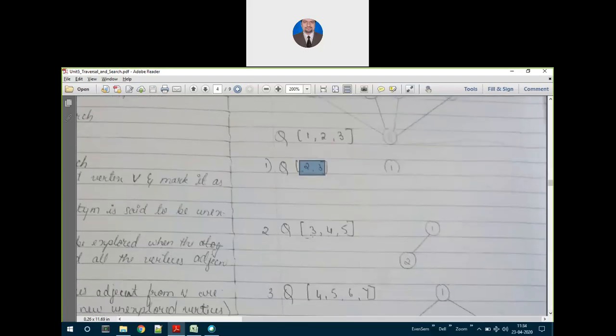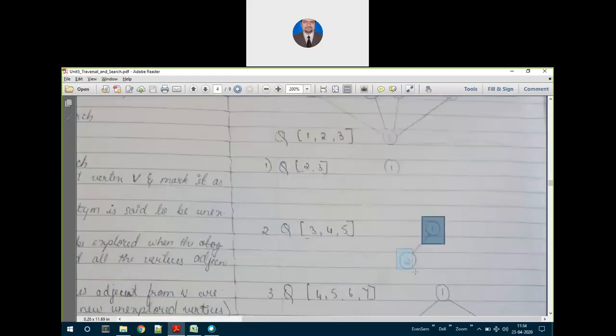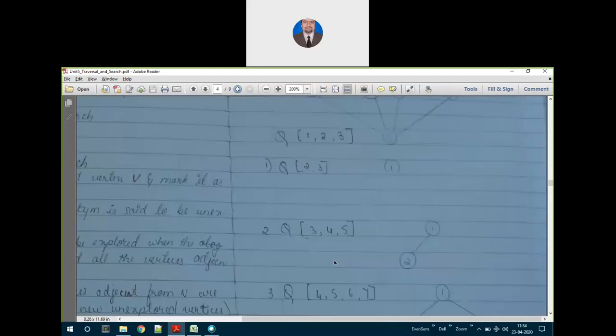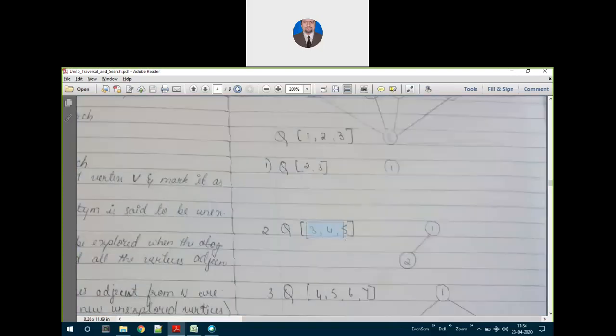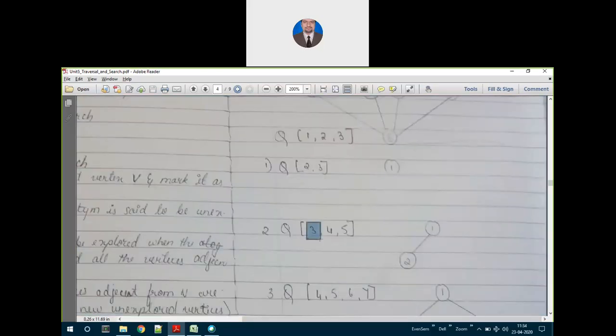The queue will contain 3, 4, 5, and I will draw vertex 2 and join 1 to 2. This diagram indicates that vertices 1 and 2 are explored, and the unexplored vertices are 3, 4 and 5. Among these, I should now explore vertex 3 next.